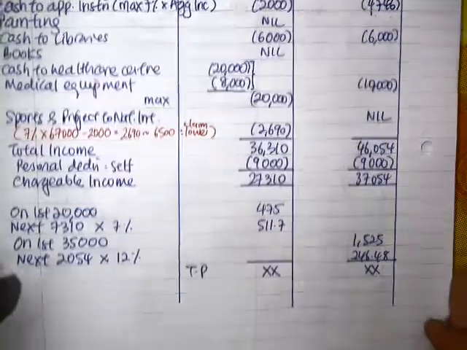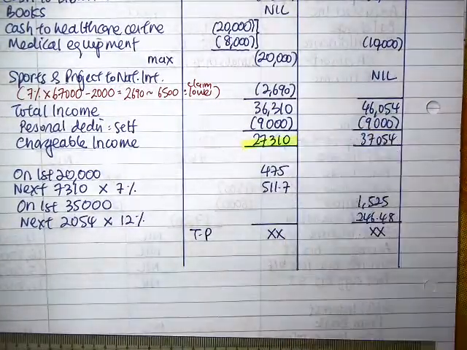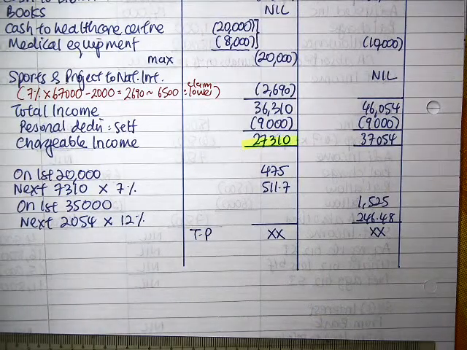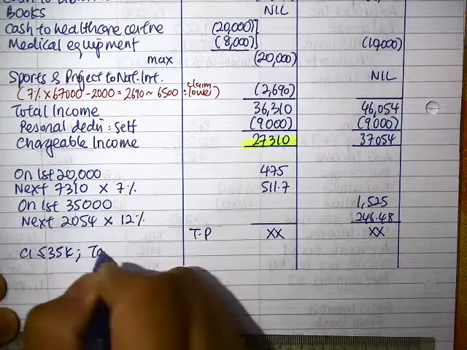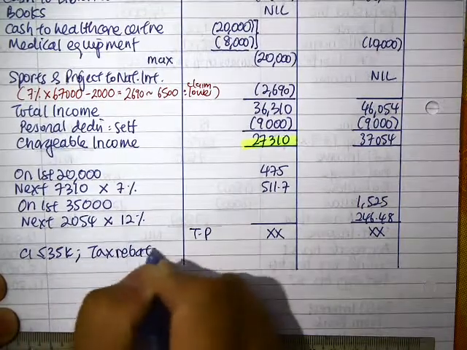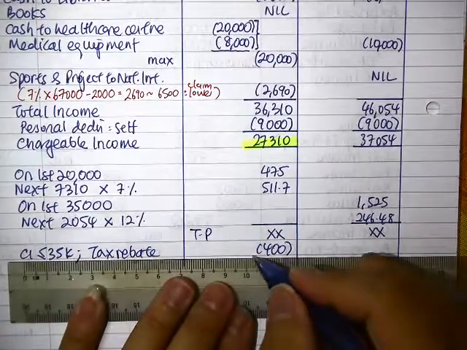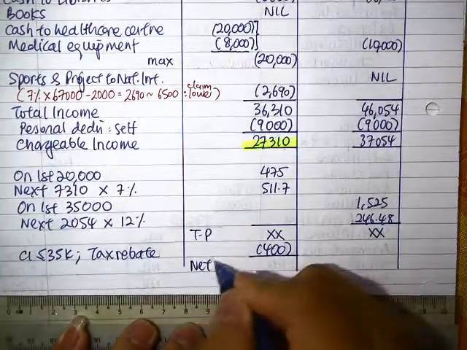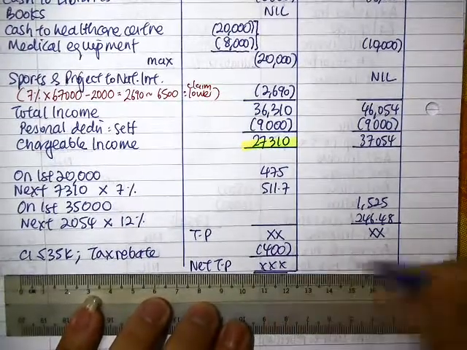One last note here: when you see that your chargeable income does not exceed 35,000, you get a tax rebate of 400. That will bring you to the net tax payable of X amount.